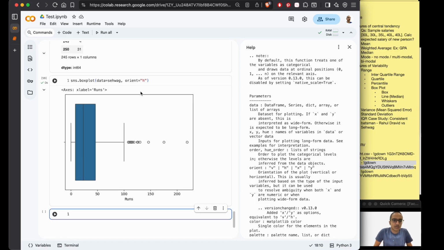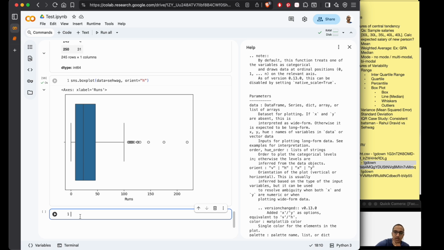So now you see here what is our IQR range. If this is 50-ish, Q3 is somewhere around 50, and Q1 is somewhere around 10. So the IQR would be Q3 minus Q1, that would be 50 minus 10, that would be 40, right? And the lower limit is 0, upper limit is 100.